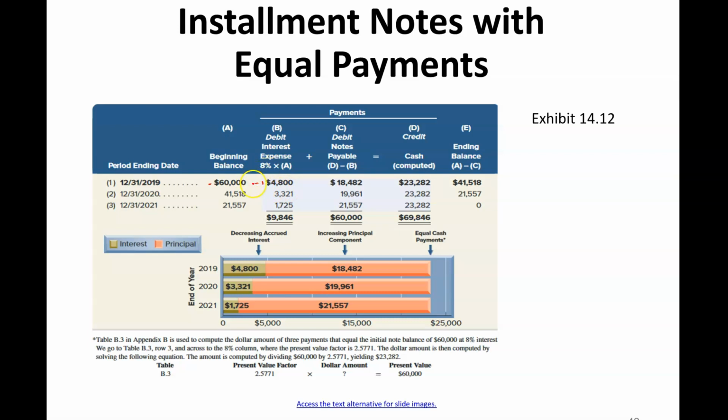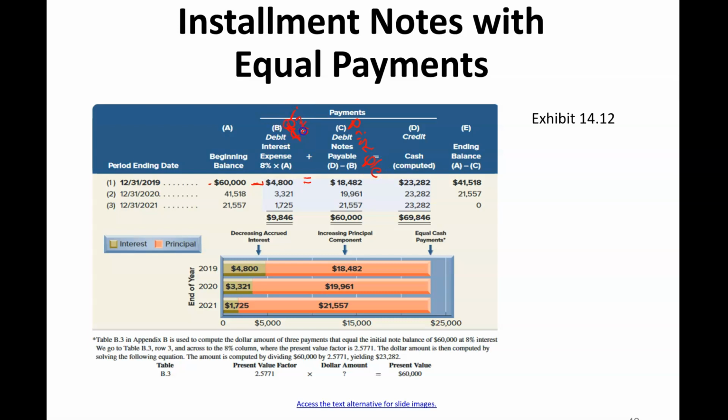So take your $60,000 minus your $4,800, and that is going to equal the amount that you debit to notes payable, which means debiting notes payable takes it away, saying, okay, I have paid out of the $60,000, I have paid $18,482 towards the principal. So note payable is actually the principal. And then the interest expense, of course, is the interest.